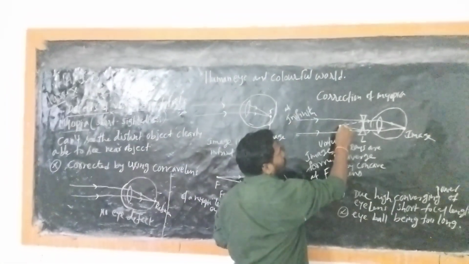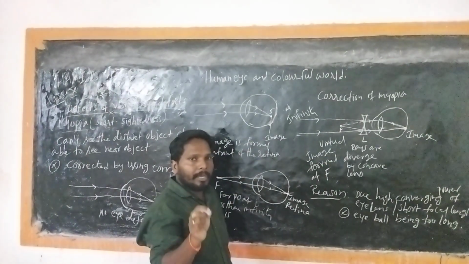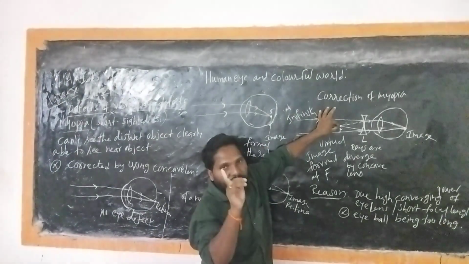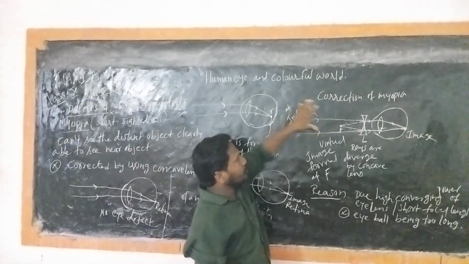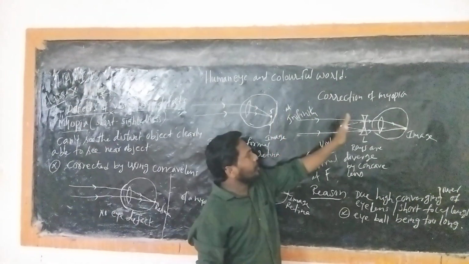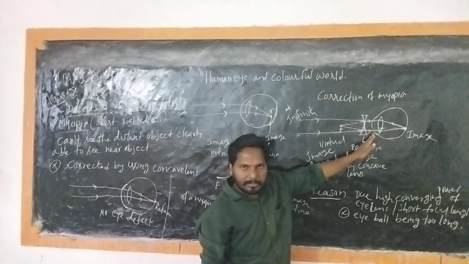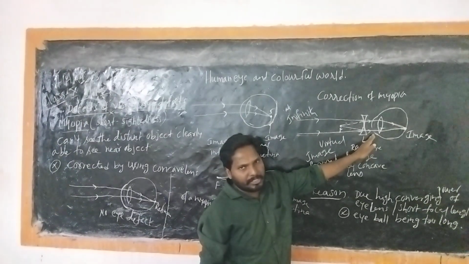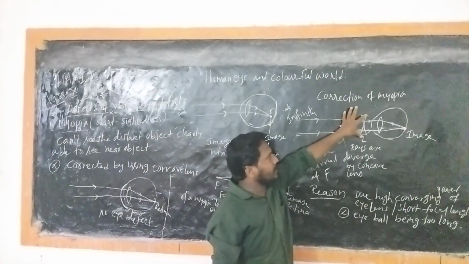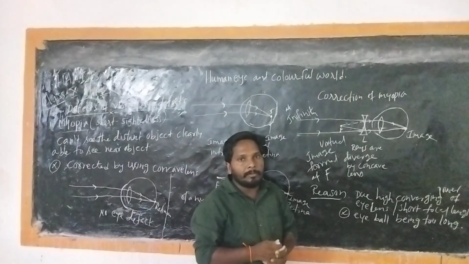The virtual image of the object is formed at the point F, while the object is at infinity, at the far point. When we use a concave lens, it forms a virtual image at the point F. These divergent rays are converged by the eye lens to form the image.